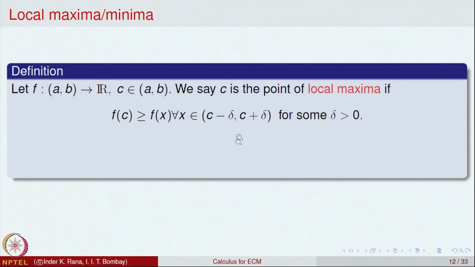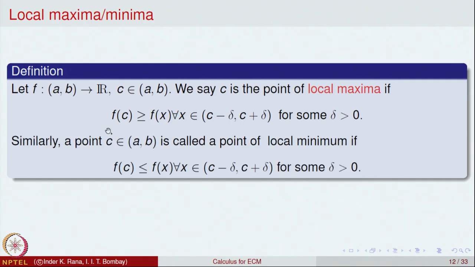So, in that interval the function value is the largest. Then we say it is a local maximum, and similarly we define a point c to be a point of local minimum if f of c is less than or equal to f of x for all x between c minus delta to c plus delta. So, we are analyzing the local behavior of the function.